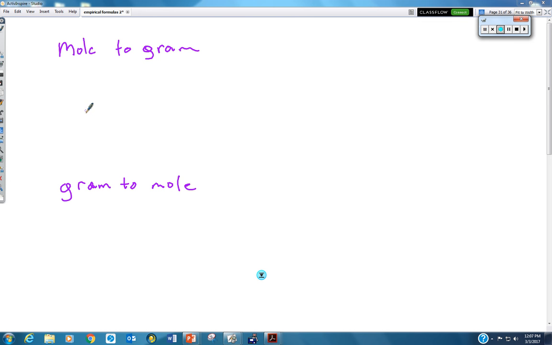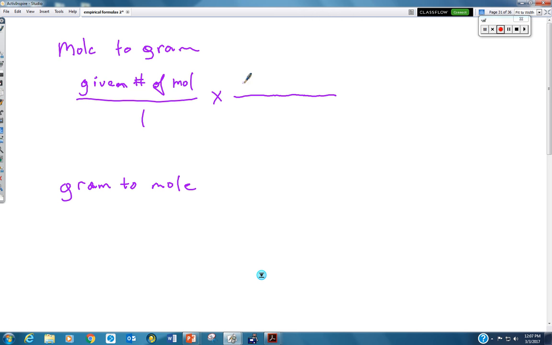Sometimes you'll have to convert from moles to grams. When you're given information in moles and you want to convert to grams, it's going to be the given number of moles over 1 times molar mass over 1 mole.